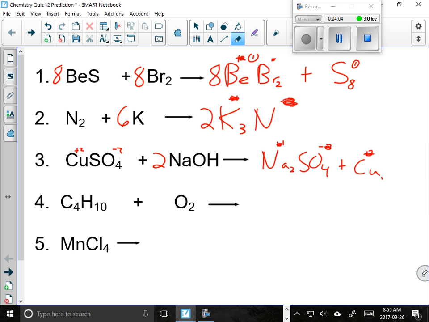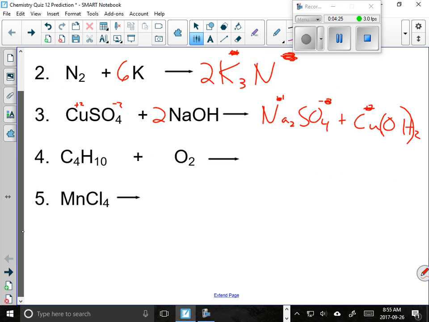If I don't have brackets here, I only have 1 oxygen on this side, and going back over here, I can't make that work, right? So I have to have brackets. Otherwise, I may have the same numbers, but I'm not balanced. So we now have the next one here. 3 marks for that one.